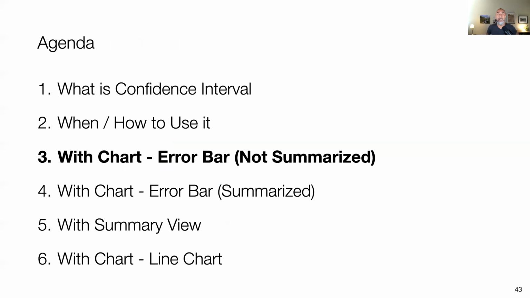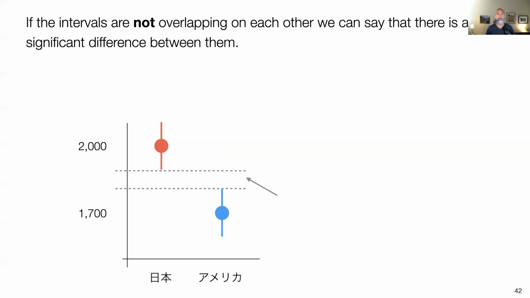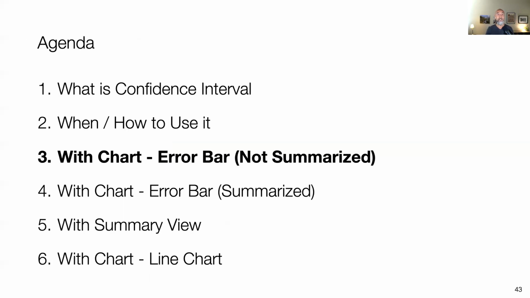That one was basically the average, or mean, we were looking at, but the ratio case is the same thing. You're comparing conversion rates or churn rates, the same thing. What matters is whether the confidence interval lines are overlapping or not. Okay, so let's start looking at them one by one by using the charts in Exploratory.